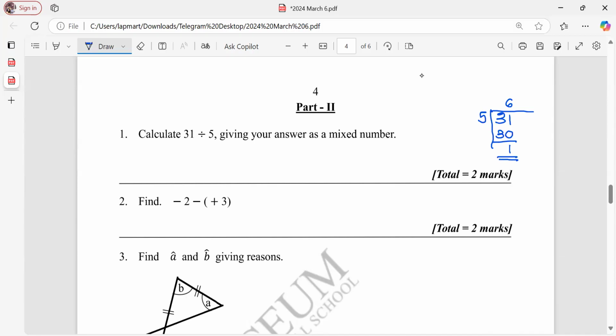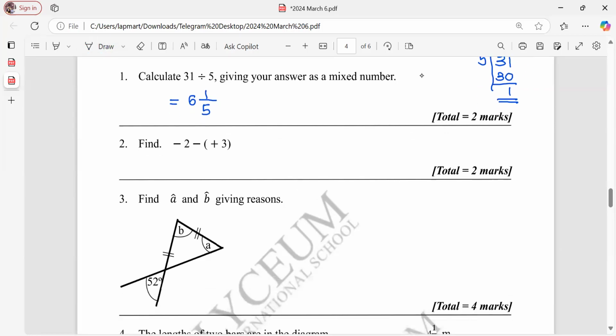Okay. So then the answer is 6 and 1 over 5. Right? 5 times 6, 30. 30 plus 1, 31. And the whole number should be the answer 6. And then the remainder will be coming to the numerator, 1 over 5.